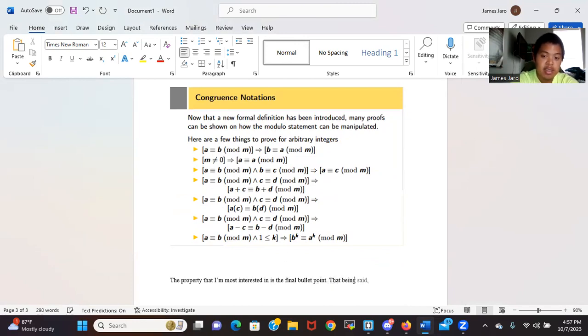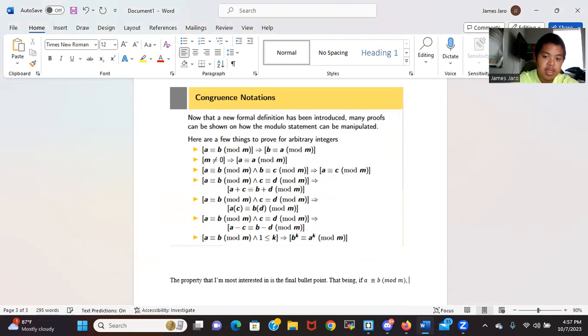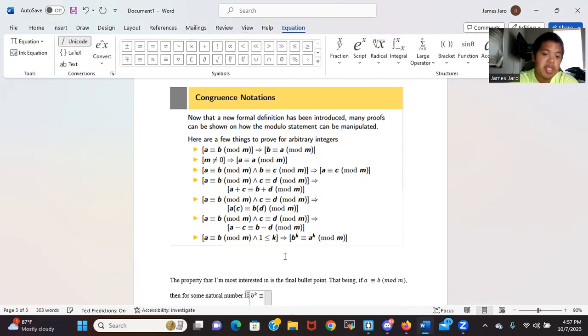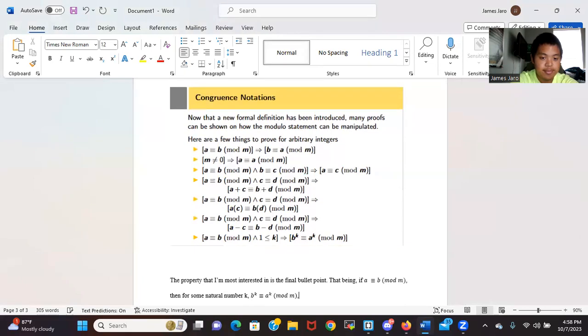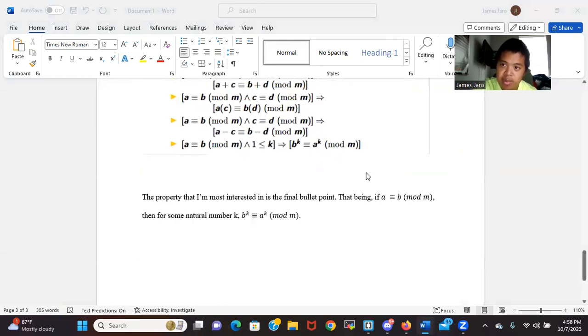That being, if A is congruent to B mod M, then for some natural number K, B to the K has to be congruent to A to the K mod M. In other words, if I know that two numbers are congruent to each other under some modulo, we can raise both sides to the same power and they will still be congruent, which is really, really powerful.